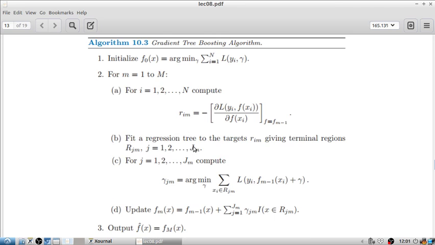We are not doing that. M is still a parameter here. So at least in this algorithm, we are not doing that. We are saying keep on computing gradients, keep on approximating the gradients with trees up to m trees, and then keep on adding them to your collection.